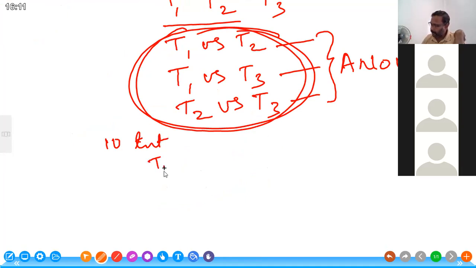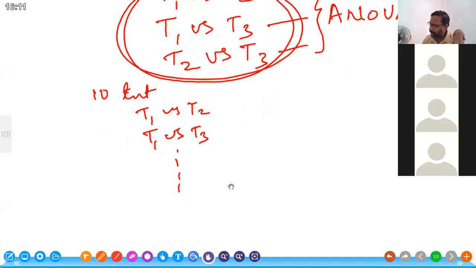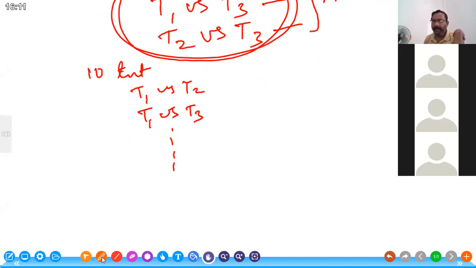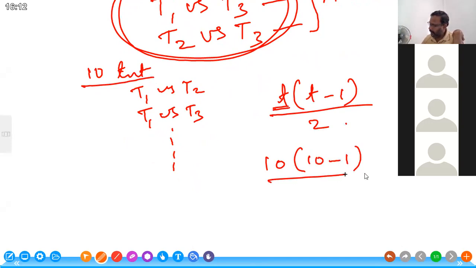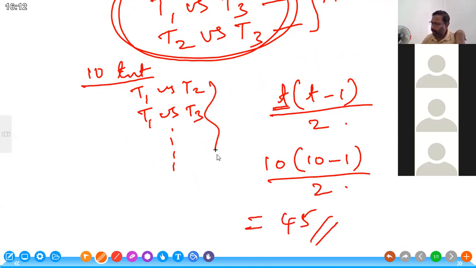T1 versus T2, T1 versus T3. How many pairs are there? 45. Exactly. With this formula for the total number of comparisons, t(t-1)/2, with t as 10, 10 times 9 divided by 2, this is 45 times that you'll have to compare.